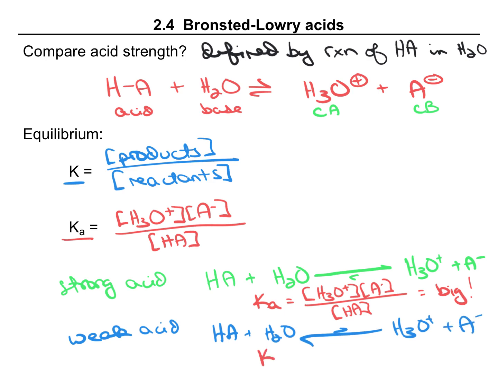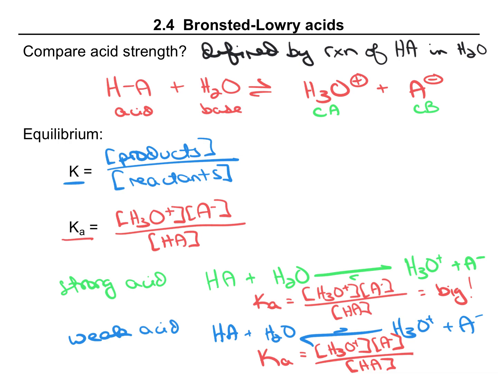But now, when we look at our Ka, the concentration of H3O plus times the concentration of A minus divided by the concentration of HA, because the equilibrium lies to the left, we have very little product, so our numerator is going to be small, and we have lots of reactant, which means our denominator is going to be big.